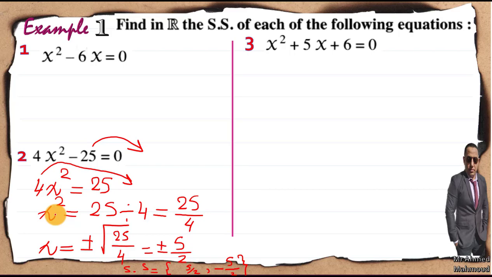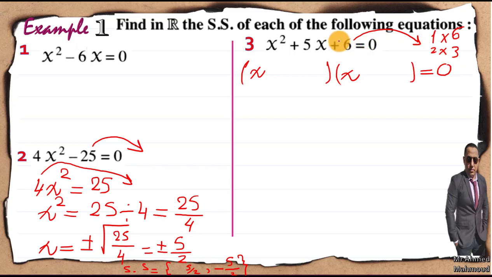Another one here: x² plus 5x plus 6 equals 0. By looking at the expression, it includes x² and includes x, so I have to factorize. I'm going to open two brackets, don't forget to write equals 0, and distribute x² here and here, and factorize 6. 6 divided by 1 equals 6, 6 divided by 2 equals 3.